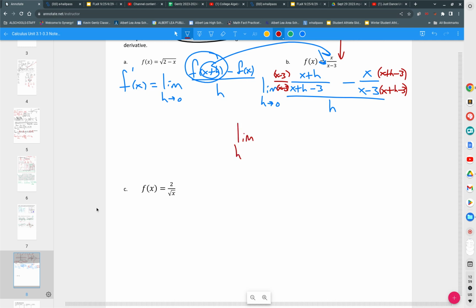Limit as h goes to 0. Now we're going to try to write out the numerator. I take x minus 3 times the x plus h. If I FOIL that out, what are we going to get?